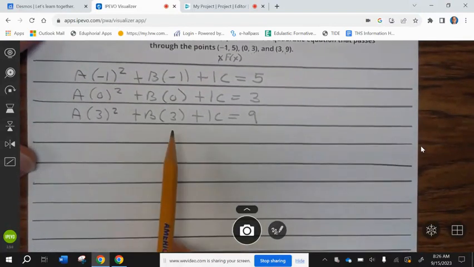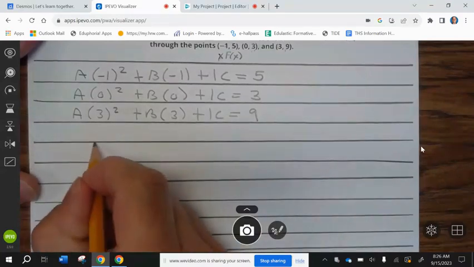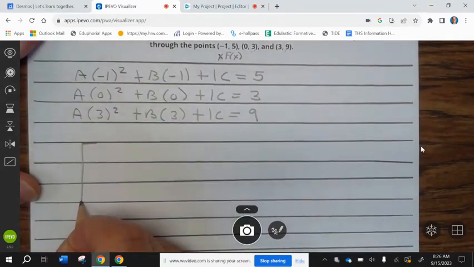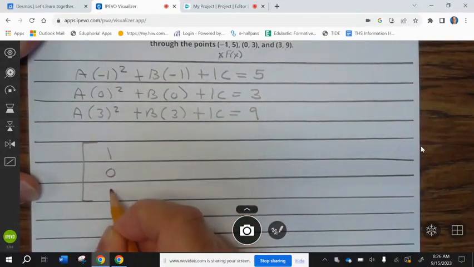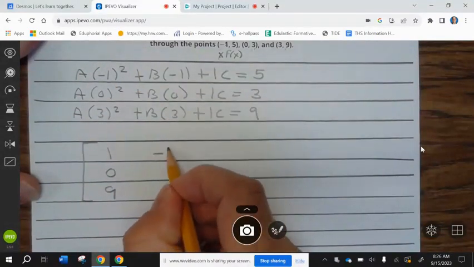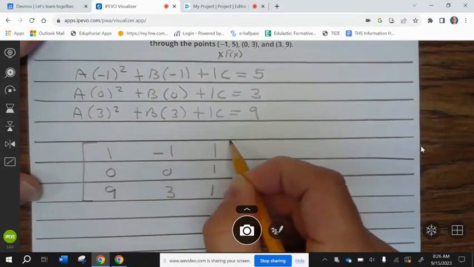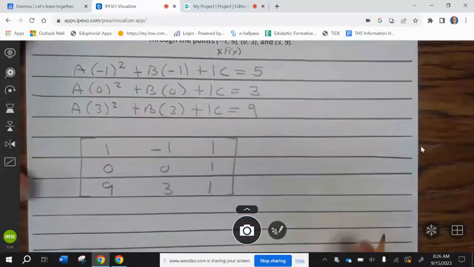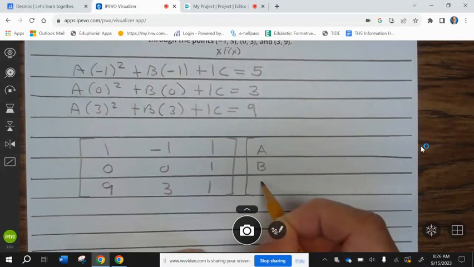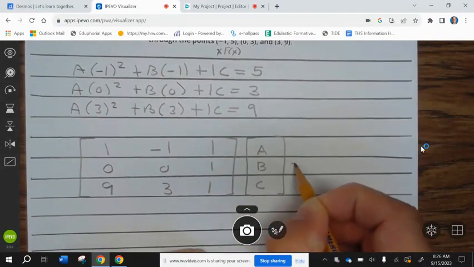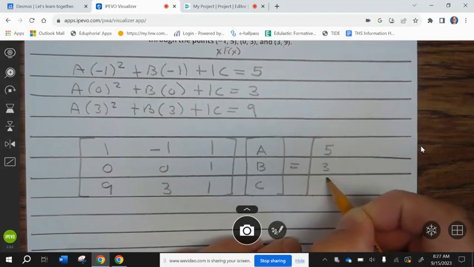Okay, so now we can go from here to the matrix. That becomes the matrix 1, -1, 1, 0, 0, 1, 9, 3, 1, times a, b, c, equals 5, 3, 9.